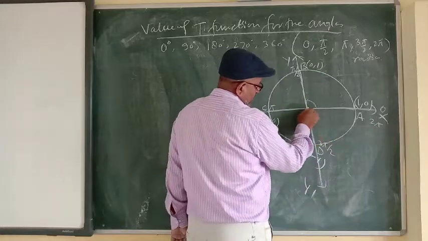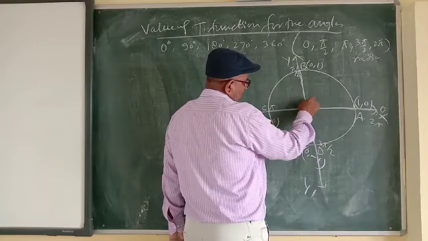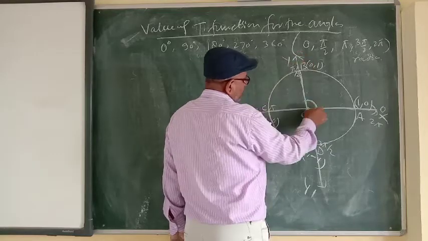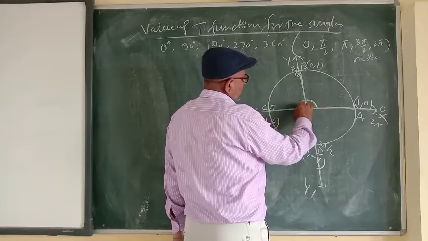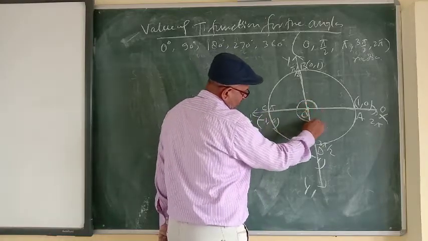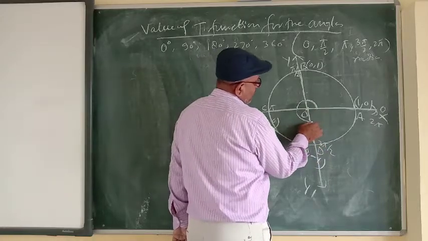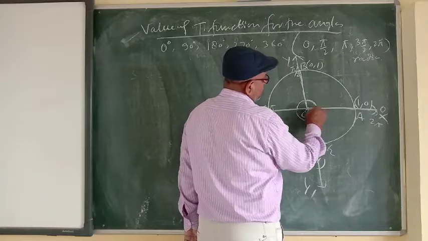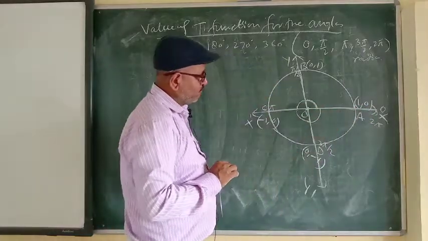So if we rotate this ray OA such that it coincides with OB, then it will be 90 degree. If it coincides with OC, it will be 180 degree, pi. If it coincides with the ray OD, then it is 270. And again, if it coincides with OA, it will become 360 degree, which is 2 pi.